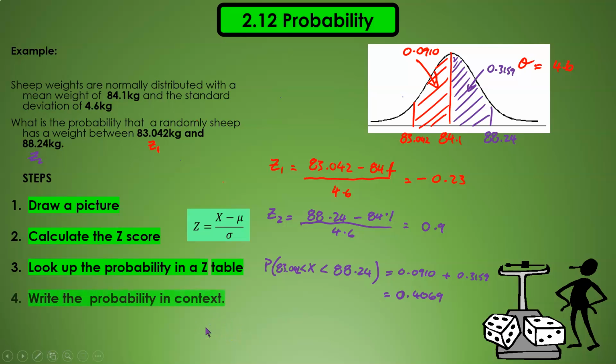So that leaves us with our last step: write the probability in context.